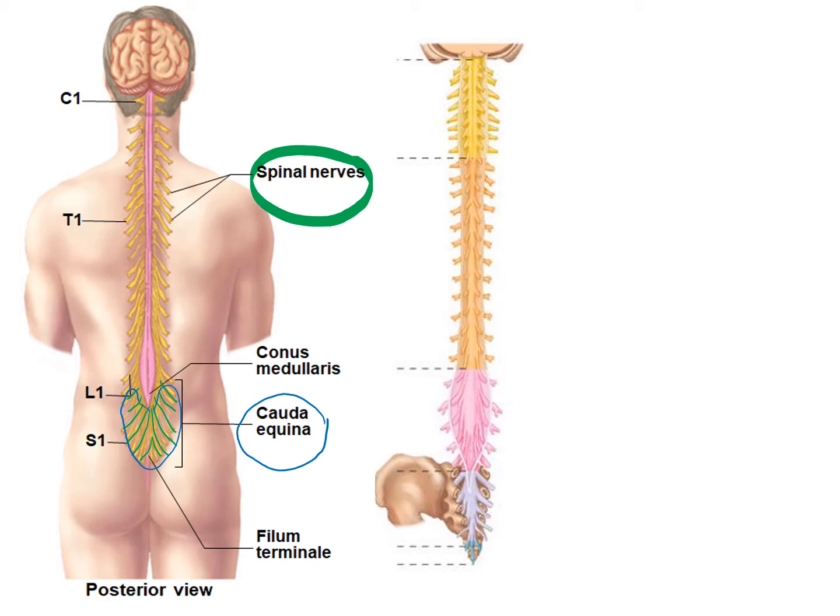Or if you think of somebody who's wearing their hair in a ponytail, you have all of the hair emerging from the central point where the hair tie would be, and then it radiates outwards. And so all of those elongated nerves at the bottom of the spinal cord are called the cauda equina. And we'll touch on some of the functional and clinical significance of that in the lecture.